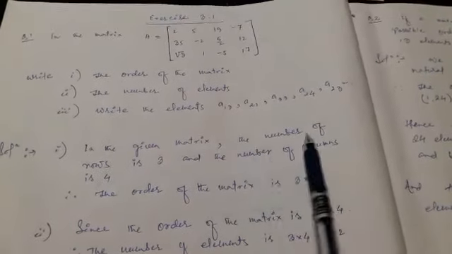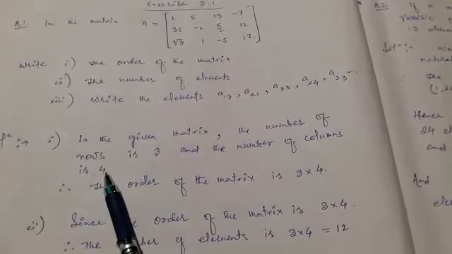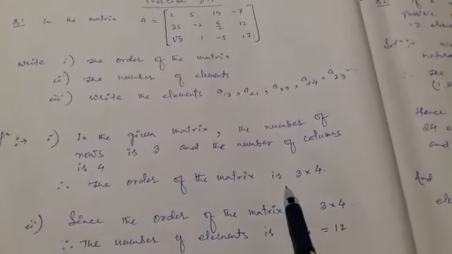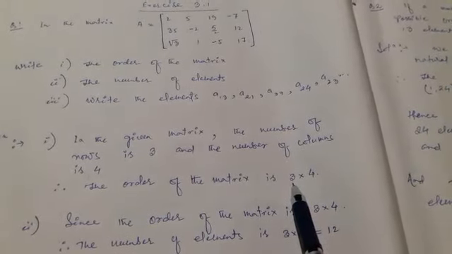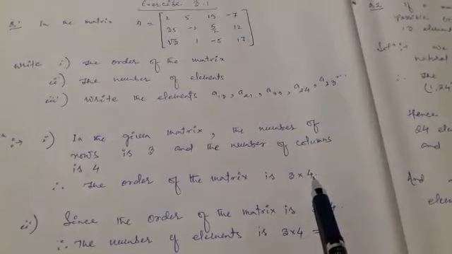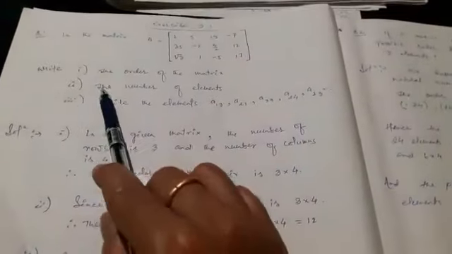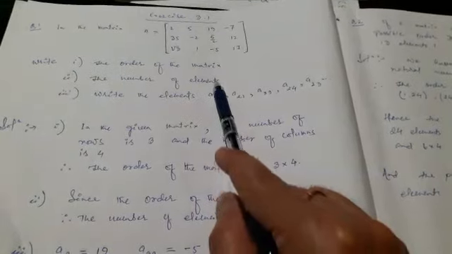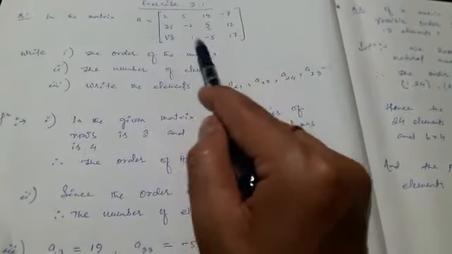Roman number 1, in the given matrix, the number of rows is 3 and the number of columns is 4. The order of the matrix, we have to write rows first. How many rows are there? 3 by 4. 3 indicates the number of rows, 4 the number of columns. Roman number 2, the number of elements. How many elements are there? 1, 2, 3, 4, 5, 6, 7, 8, 9, 10, 11, 12.